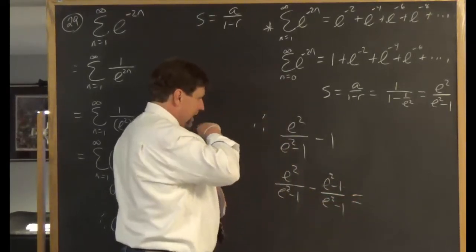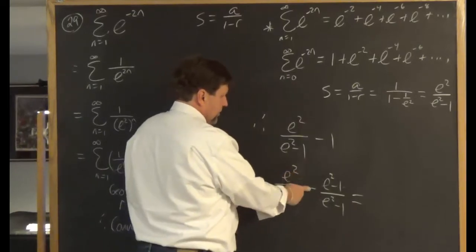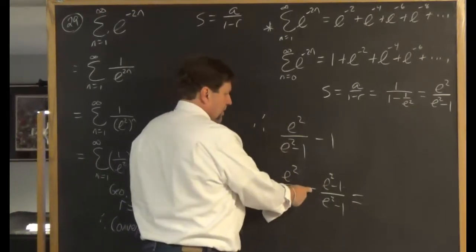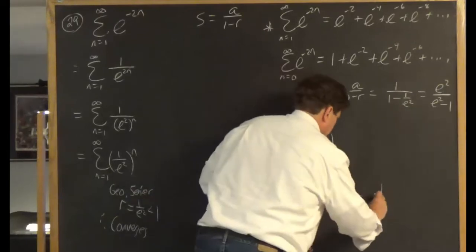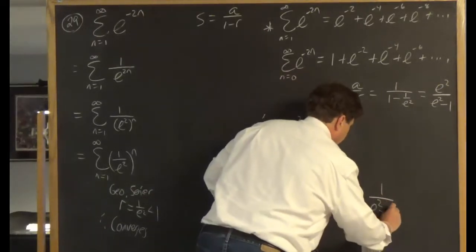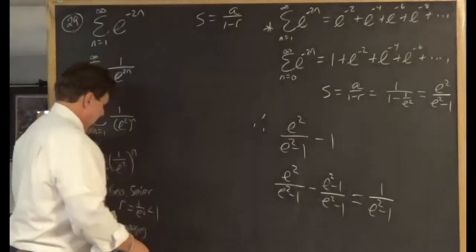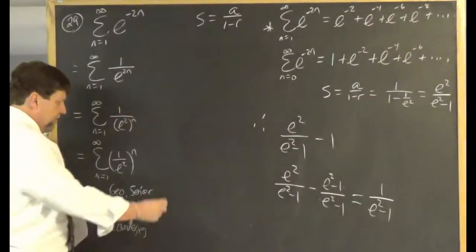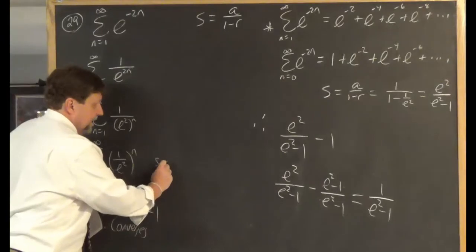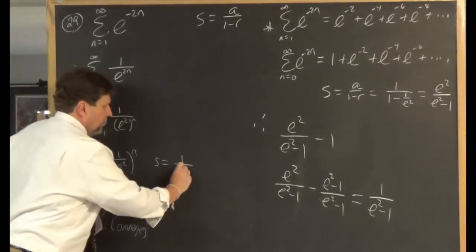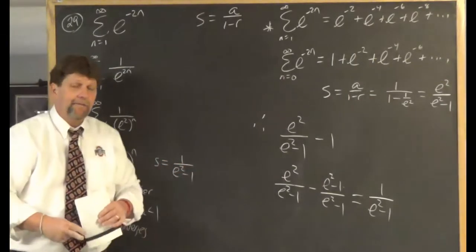Let's see, e squared minus e squared is 0, minus a negative 1 is 1 over e squared minus 1. So not only did this series converge, but we know that its sum is 1 over e squared minus 1.